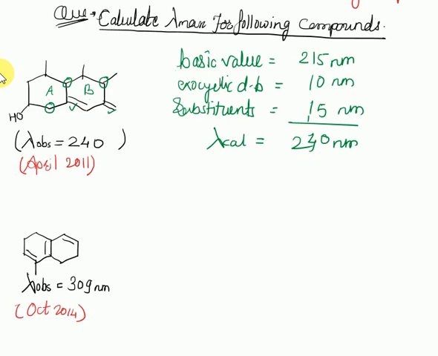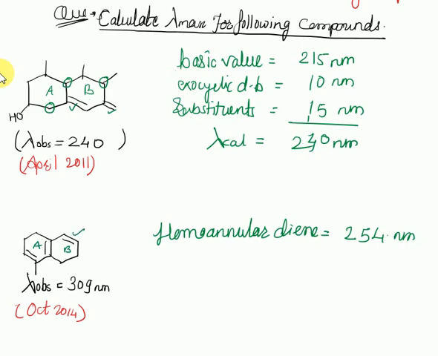And the second example is a homoannular diene. The basic value for the homoannular diene is 254 nanometer. Both double bonds are in ring A, so this is a homoannular diene.